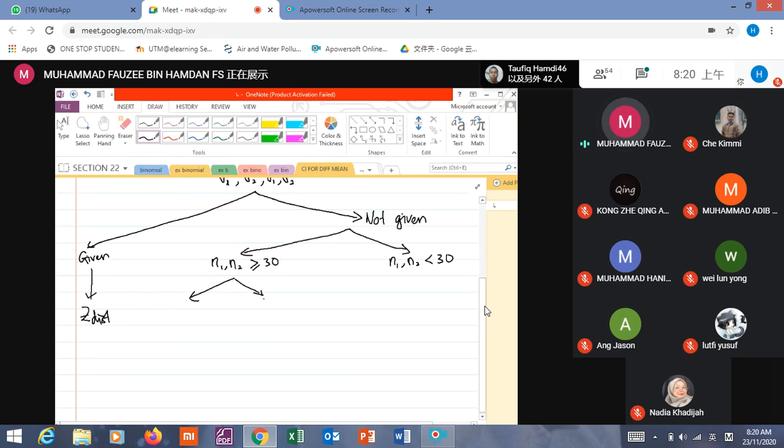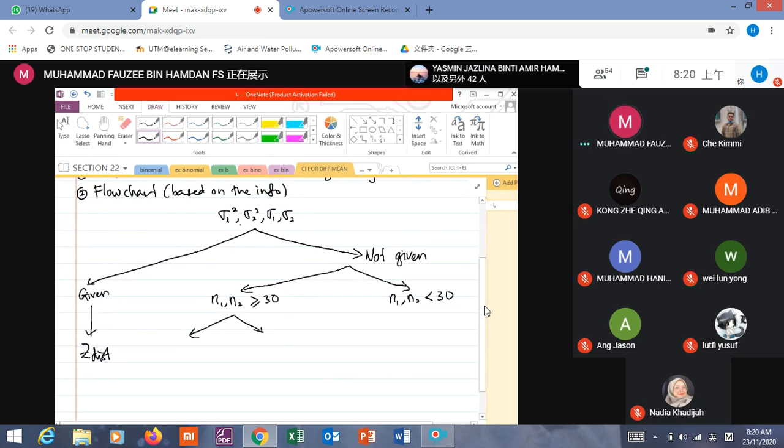The third question that you need to ask yourself, if you look at the flow, is that we don't know the value of the variance. So either we can assume the variances are equal, or if we cannot assume they are equal, then most of the time the variance cannot be the same.